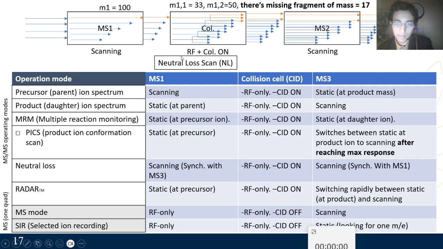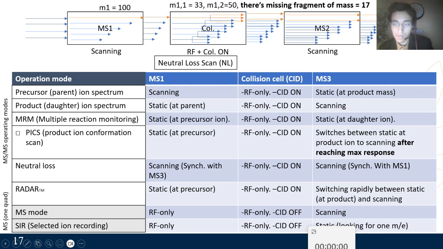Then you have other modes of operation, like the neutral loss. Neutral loss is used mainly for lipid detection. Both of these do scanning modes, and the difference between them is the one that gives up the peak.